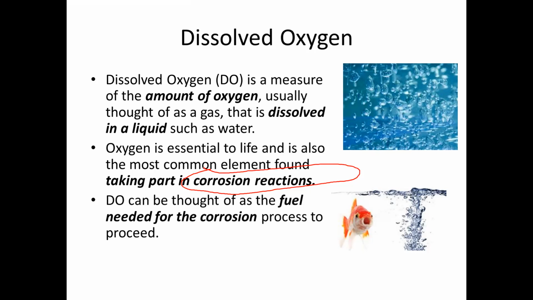cause corrosion in our system, in our boiler specifically, and in our piping systems or tubes if not treated properly. So dissolved oxygen or DO can be thought of as a fuel needed for the corrosion process to proceed. As we all know, corrosion is also a type of combustion, so it really requires oxygen.